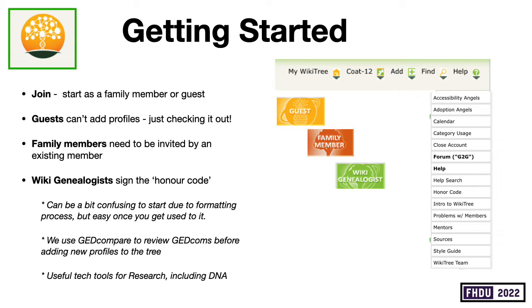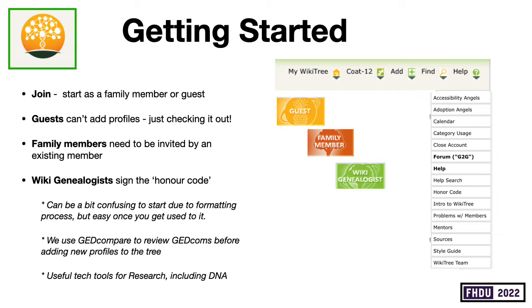The other thing that's a bit different to other websites is that we don't upload GEDCOMs per se, but we do have a process called GEDCompare, where you upload a GEDCOM and look at the information that is already on Wikitree and see whether any of those profiles already exist on Wikitree. So the GEDCompare process looks to see if there are similar people on Wikitree already, so that we don't get duplicates from the GEDCOMs.